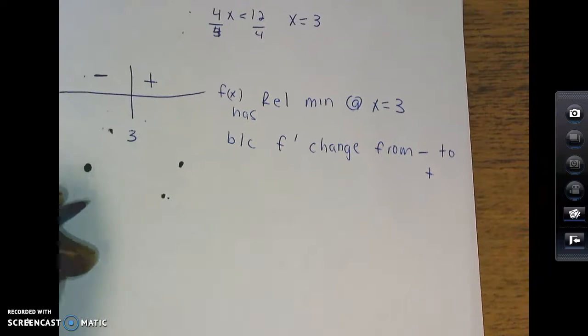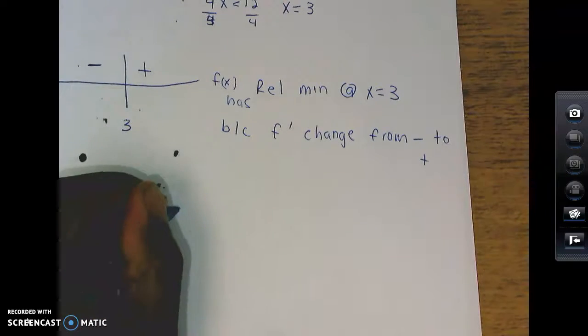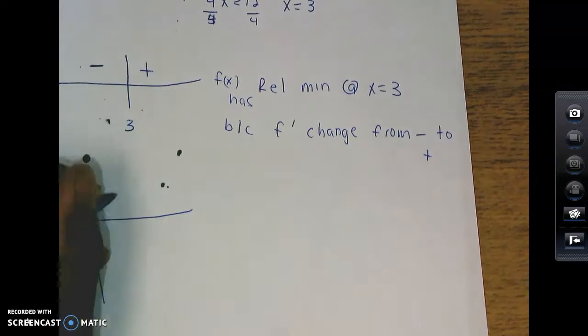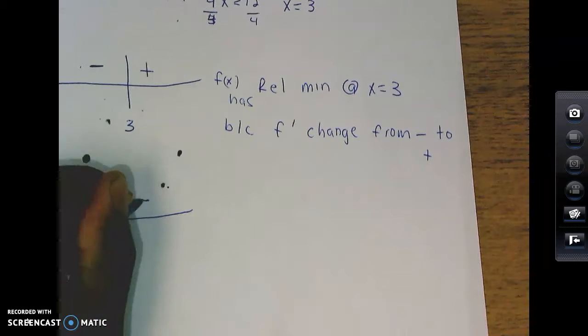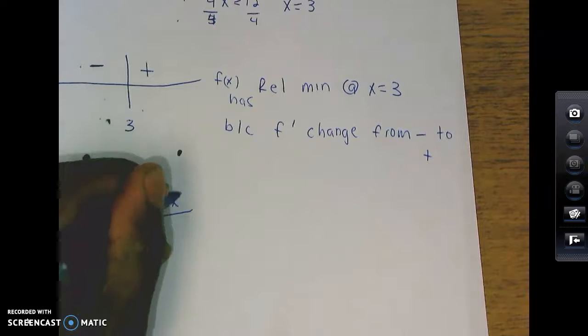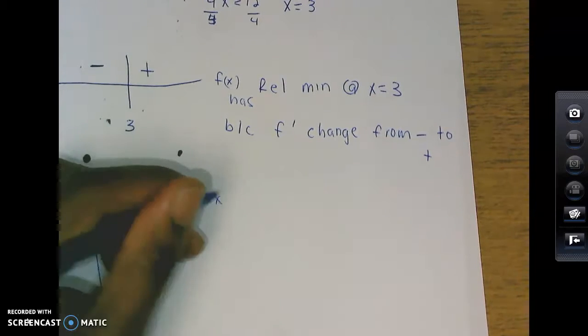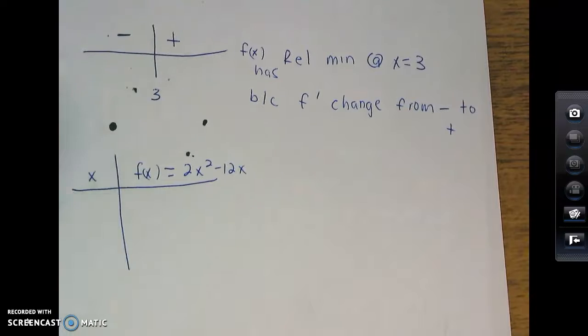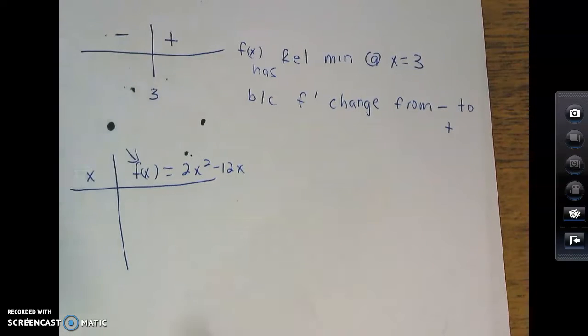So now we need to test all of our possible candidates for the absolute max. So we have x and f of x, and we know that f of x is equal to 2x squared minus 12x. Because we're trying to find the absolute maximum or the absolute minimum of the graph of f of x.